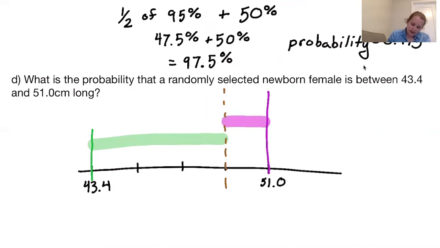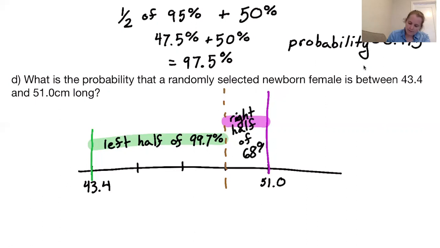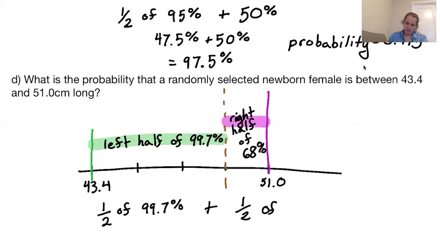We are looking at the left half of the 99.7% and the right half of 68%. So we have half of 99.7% plus half of 68%.